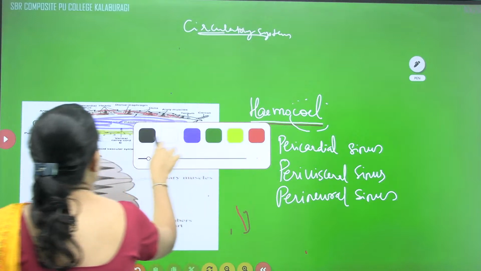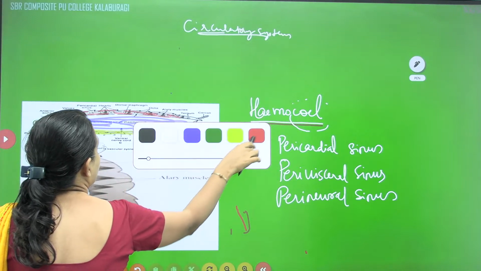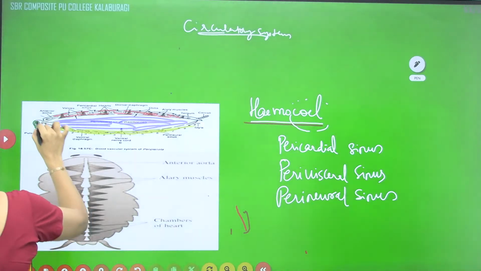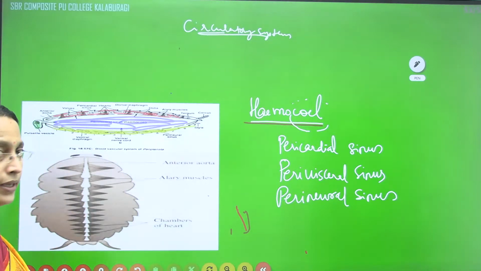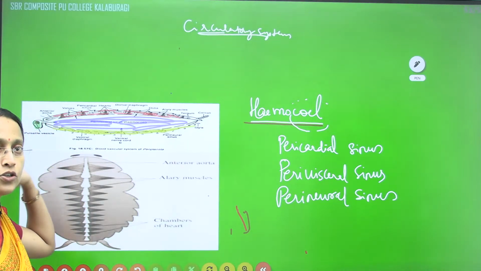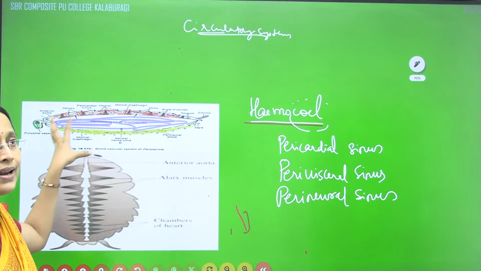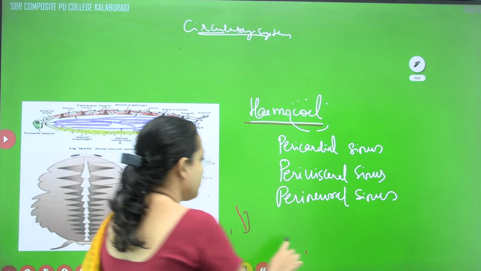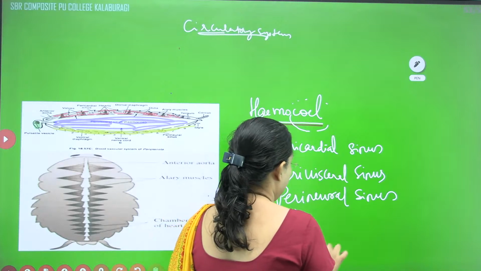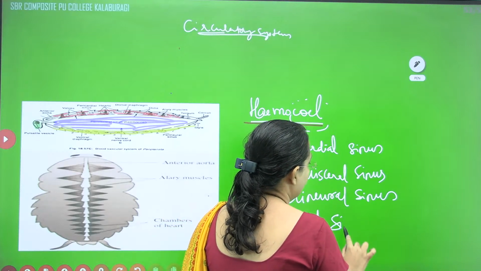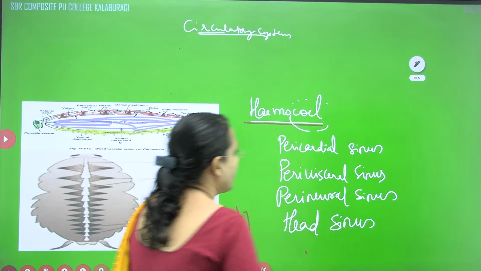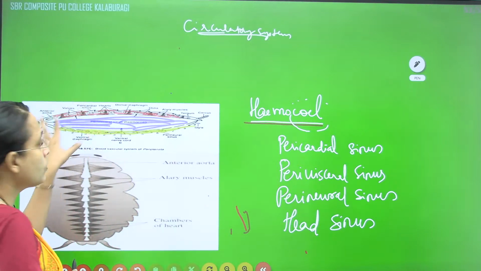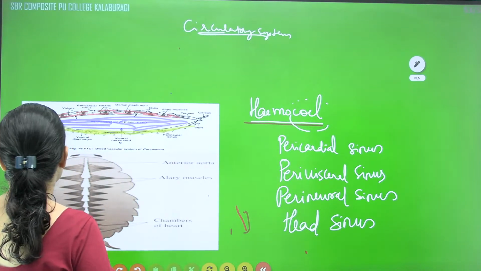And at the end, here is where the head is situated. So a sinus is also present in the head. It's called the head sinus or cephalic sinus. So these all are the cavities. So blood flows through these cavities.